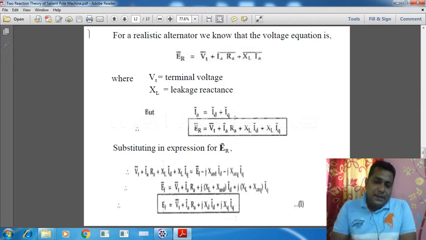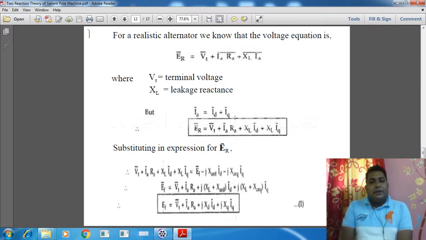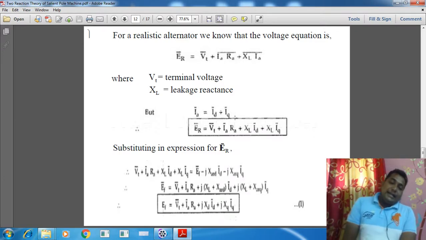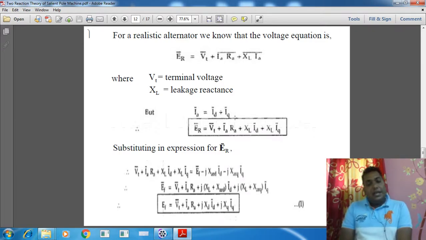It is very simple: Ef is equal to Vt plus Ia Ra plus j into (XL plus Xard) into Id, that is the direct axis component, plus j (XL plus Xarq) into Iq.